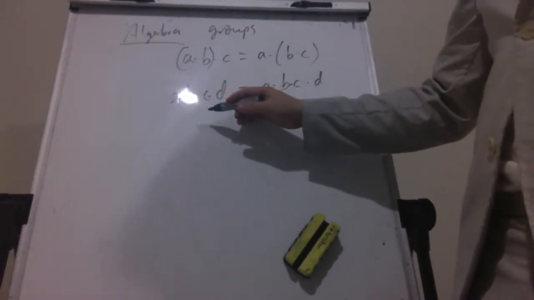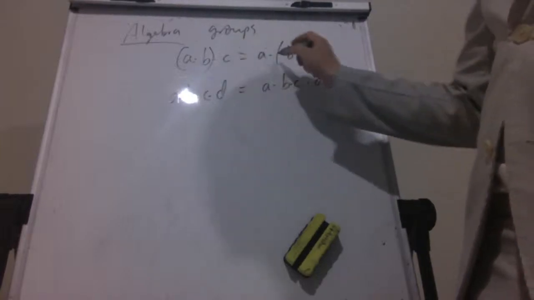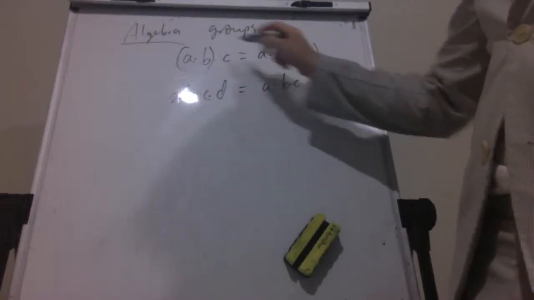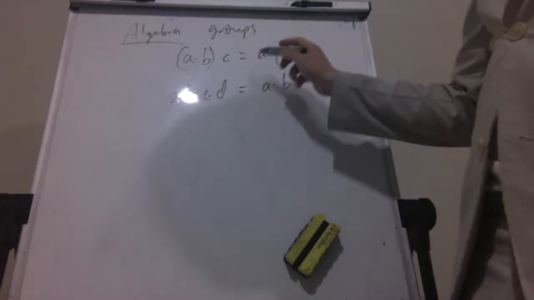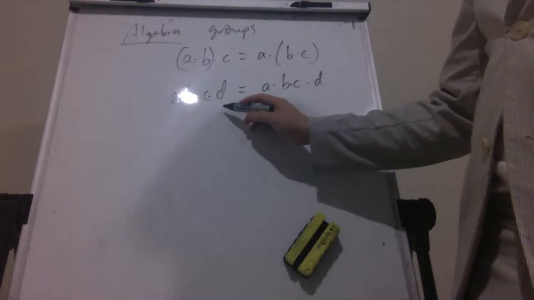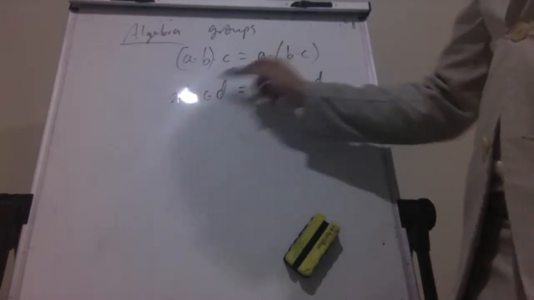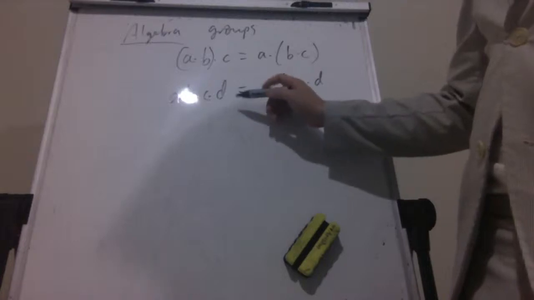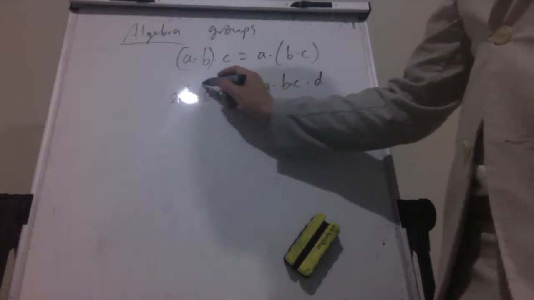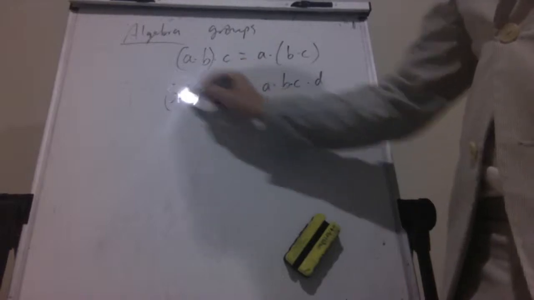It's a consequence of this. These are the only two ways you can bracket three things without changing the order, but with four there are lots of ways. Basically, once this is true, it implies that all those other ways are equal as well.